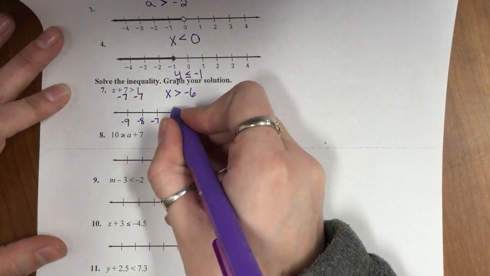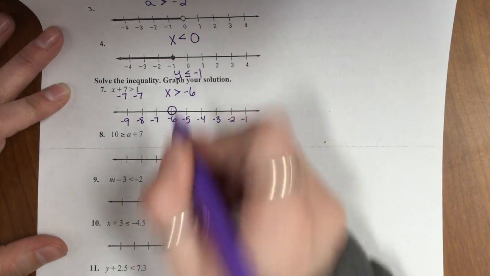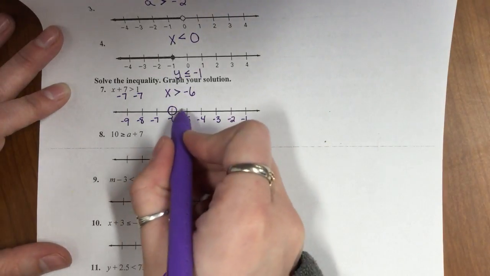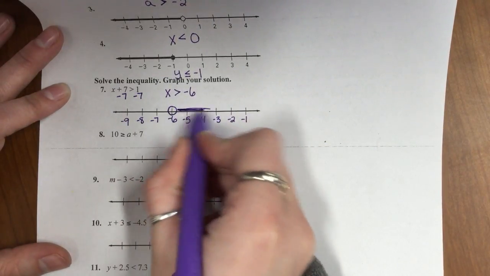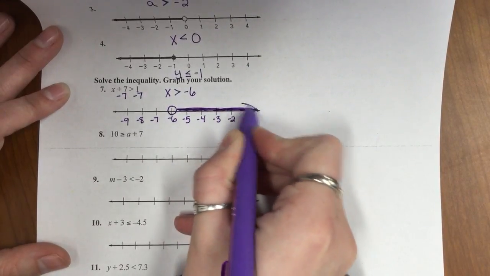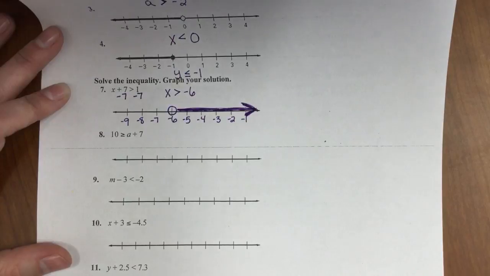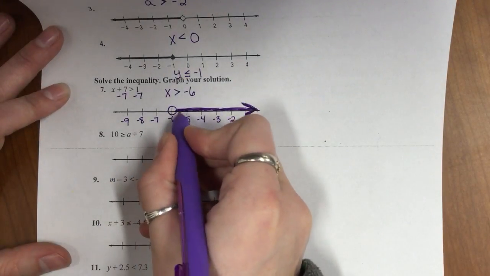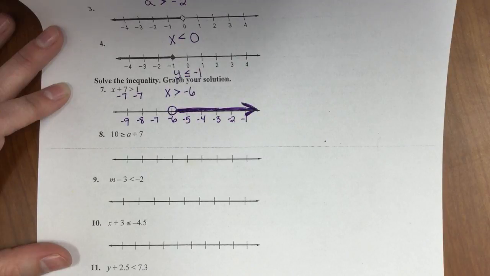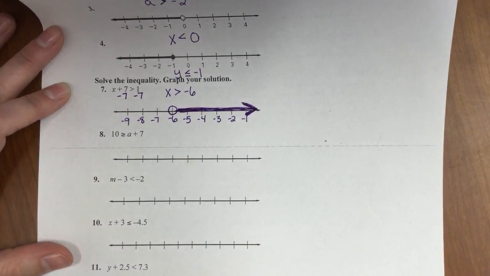Our dot is at -6, and if we were to put in -3, -3 is bigger than -6, so we shade it that way. And it does not have the or equals to line, so we do not fill in the dot.